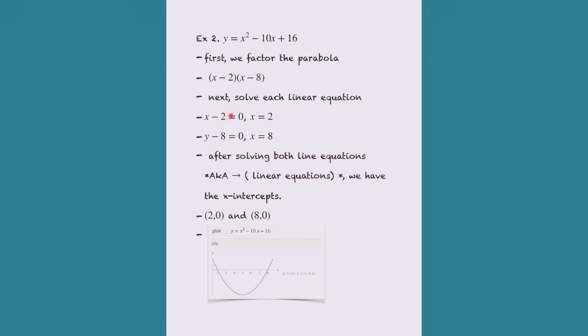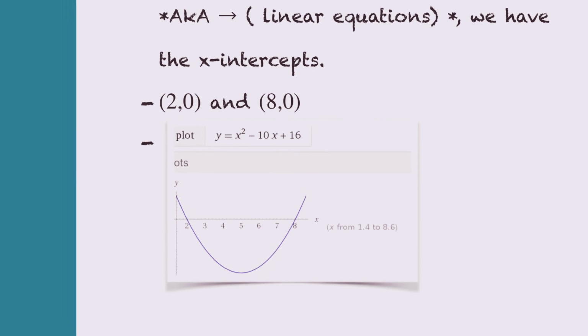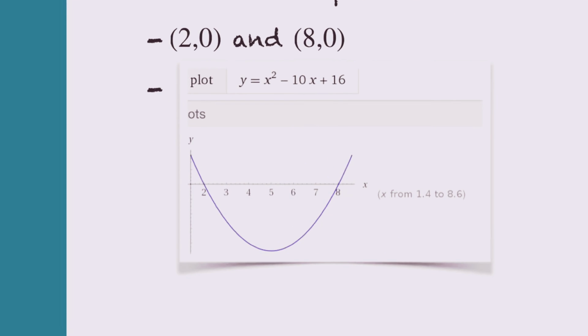So x minus 2 equals 0, then x equals 2. x minus 8 equals 0, then x equals 8. So after solving both line equations, aka linear equations, we have the x-intercepts at 2, 0 and 8, 0, respectively.